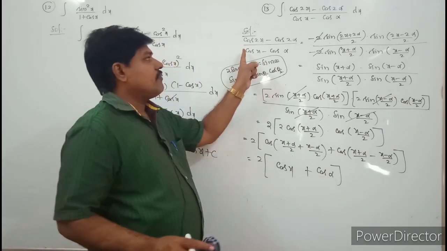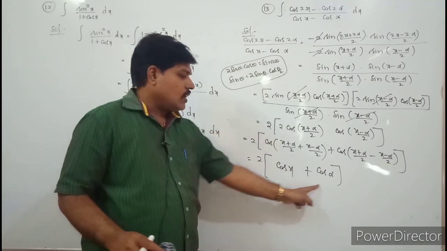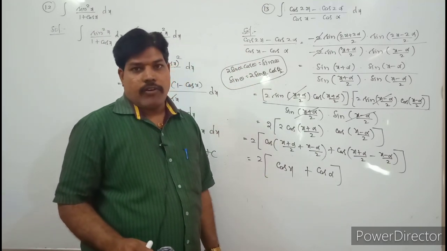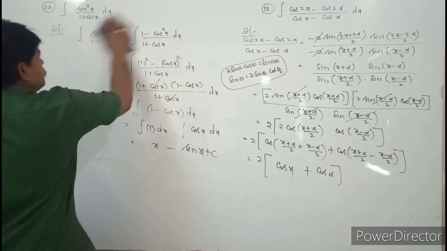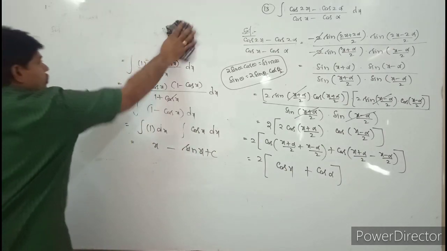So what is the value of this? This value is nothing but 2 cos x plus cos alpha. So after getting this value, take the problem.